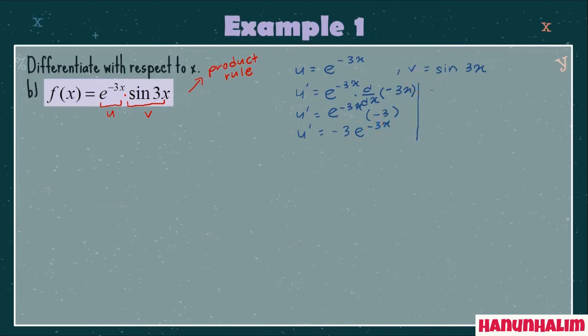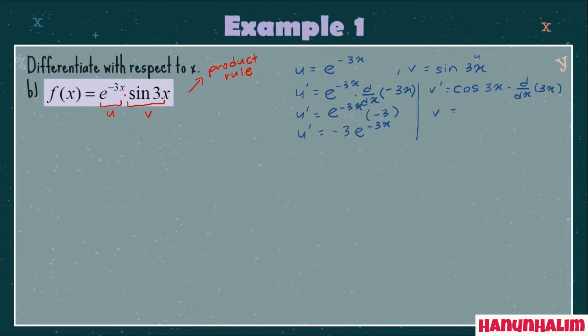Next, find v prime. Since we have sin 3x, it is part 2 of subtopic 3.3, sin u. Differentiating sin u, we get cos u, so cos 3x times d over dx of 3x.